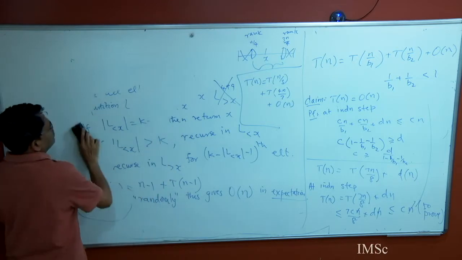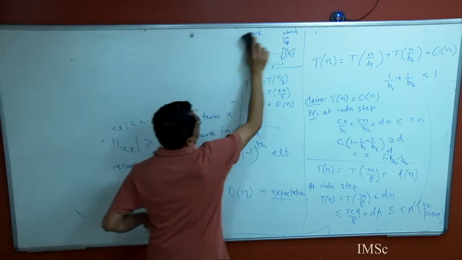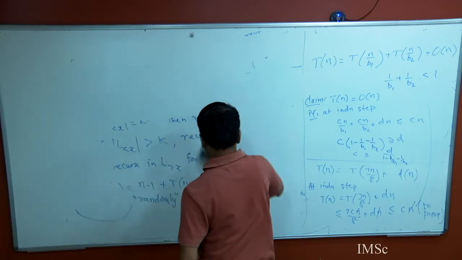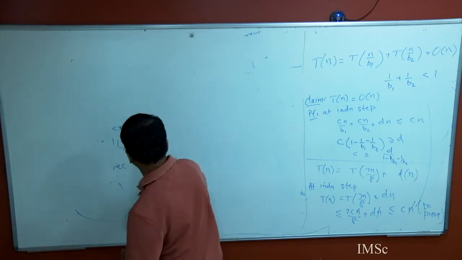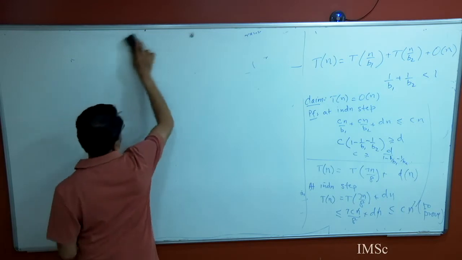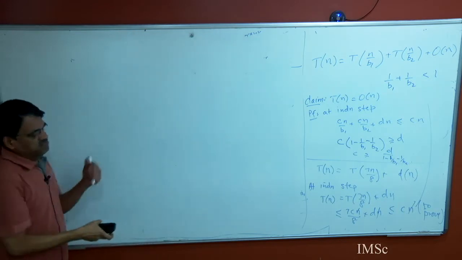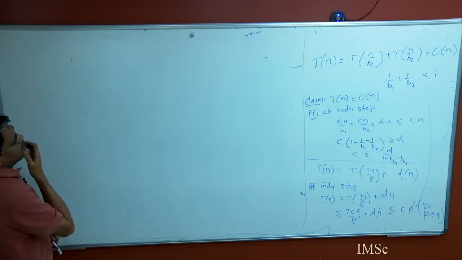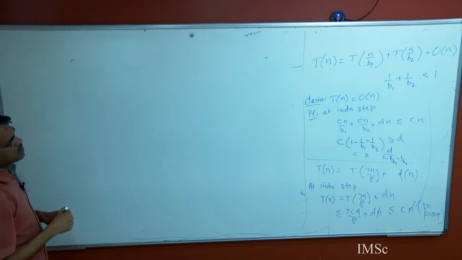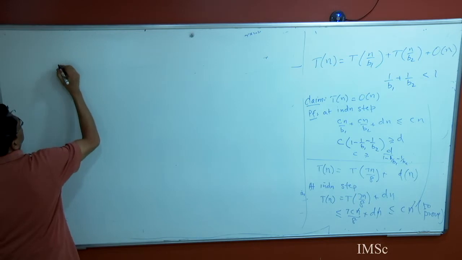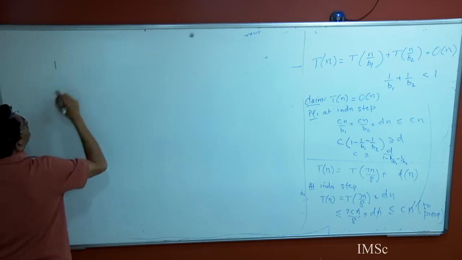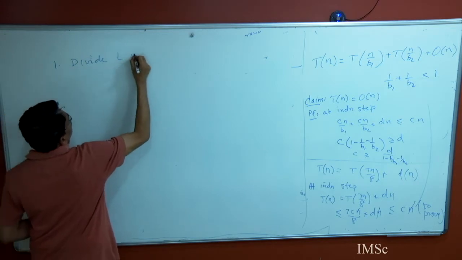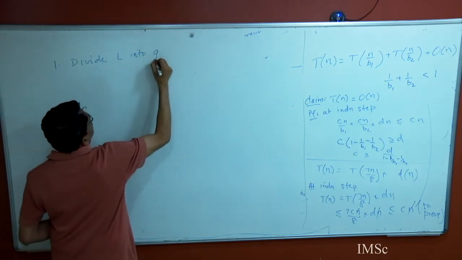So, this is one of the slightly involved divide and conquer algorithms, but it's a very cute, nice, powerful application of divide and conquer. Okay, so this is step 1. Divide L into groups of size 5.